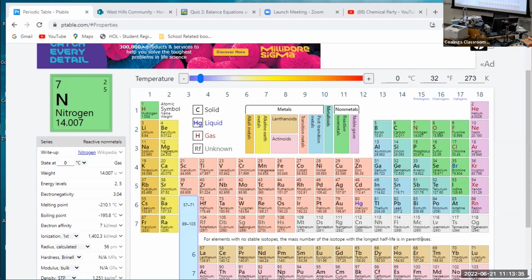How many neutrons? 7. Okay, piece of cake. What will be the atomic mass of this compound? Okay, and its atomic number?